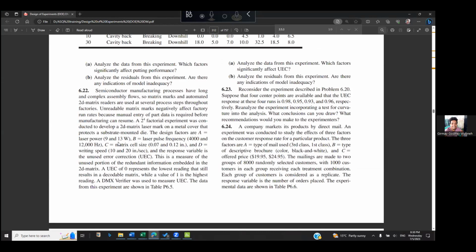6.22. Semiconductor manufacturing processes have long and complex assembly flows, so matrix marks and automated 2D matrix readers are used at several process steps throughout the factories, and unreadable matrix marks negatively affect factory run efficiency because manual entry of part data is required before manufacturing can resume.